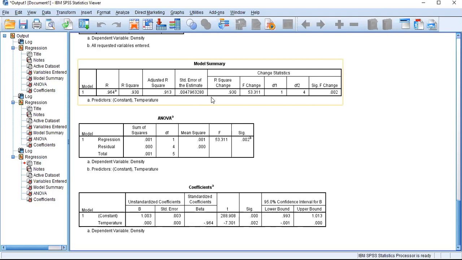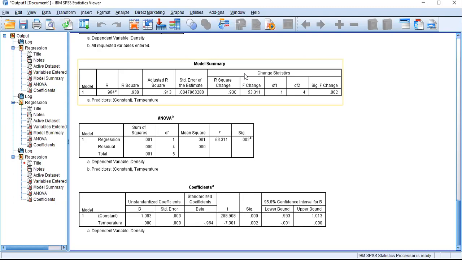Then the rejection criteria, we reject H naught if the p-value is less than 0.05. So what is our p-value in this case? It is 0.002. Right. So are we going to reject H naught? Yes, we reject H naught since the p-value is less than 0.05.